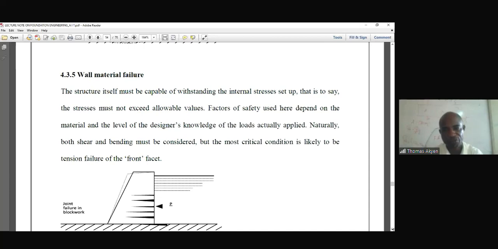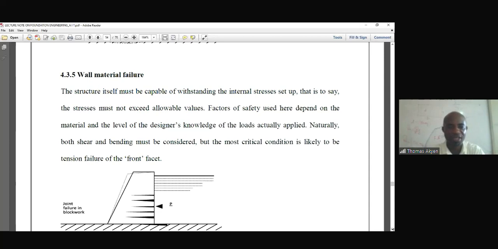The factor of safety used here depends on the material and the level of the designer's knowledge of the loads actually applied. Over here, you need an expert structural engineer who has invested his time in designing retaining walls. For structural engineers, we have categories of them.